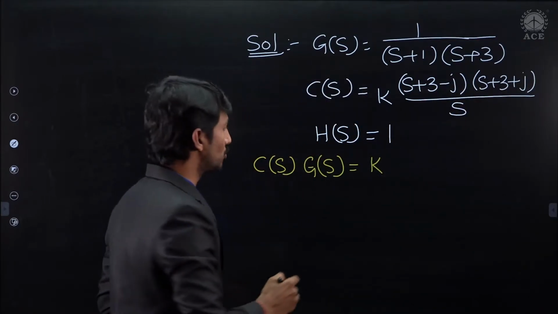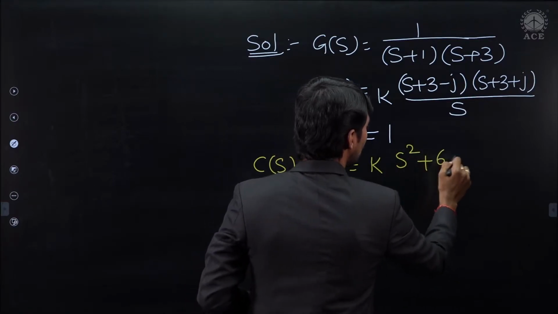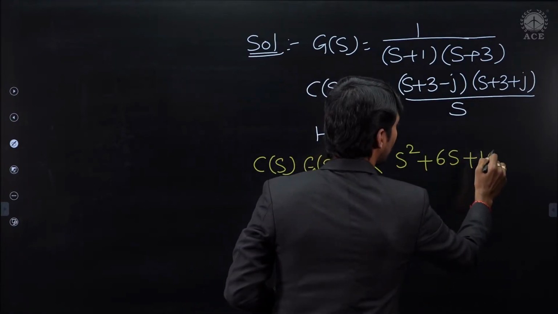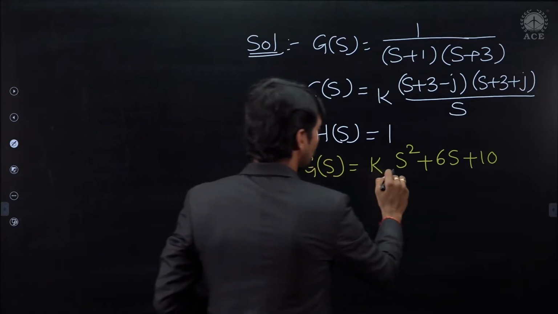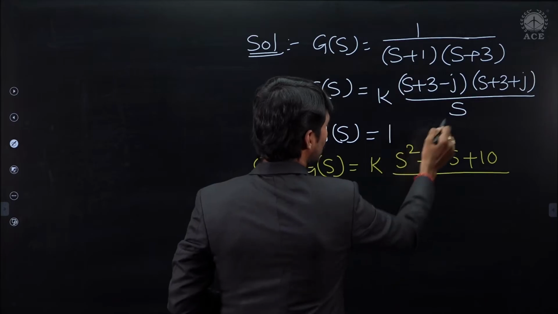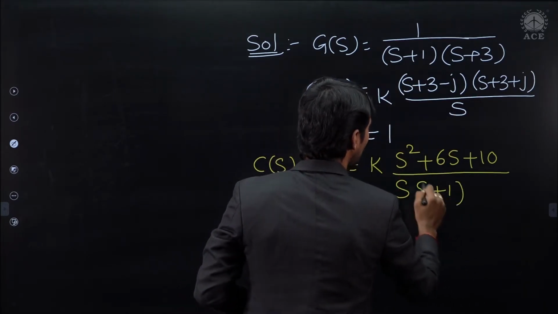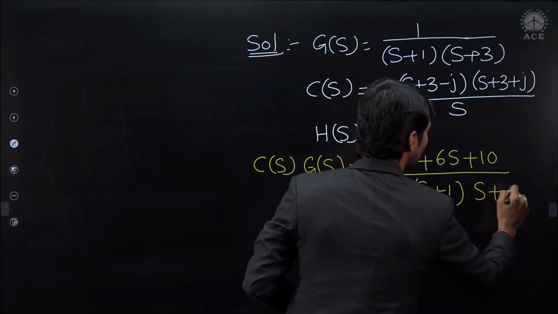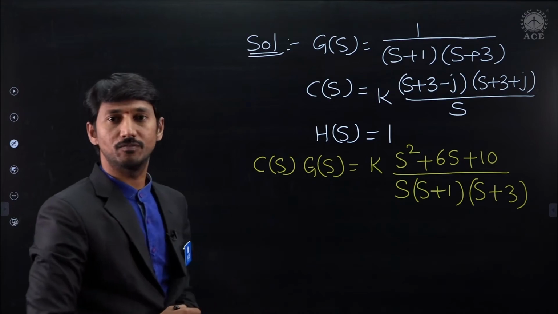If you multiply those two, you are going to get S square plus 6S plus 10. After that, denominator: S into (S plus 1) into (S plus 3). This is the value of C of S and G of S.